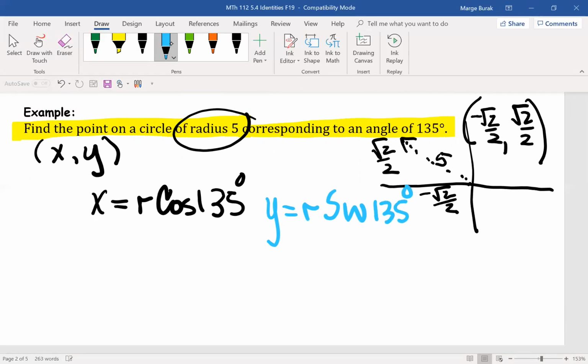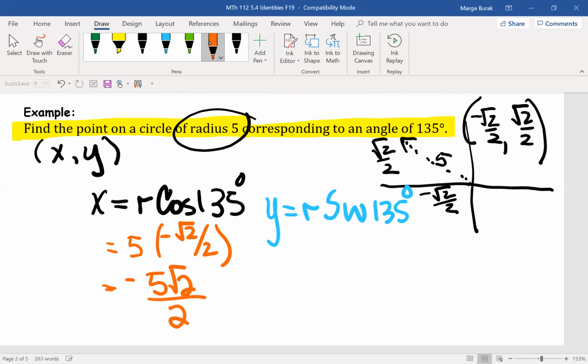We can do that. Okay, so r is 5, so we're going to take 5, and the cosine of 135 is negative radical 2 over 2. And we'll simplify that to negative 5 radical 2 over 2. And then this y is going to be 5 times the sine, which is positive radical 2 over 2.